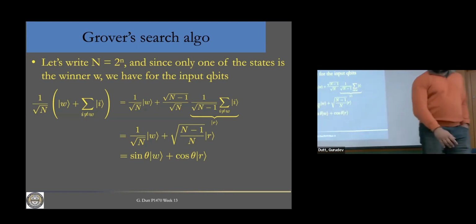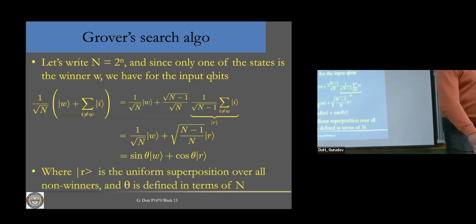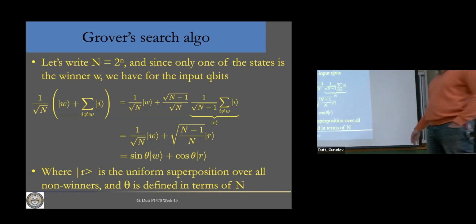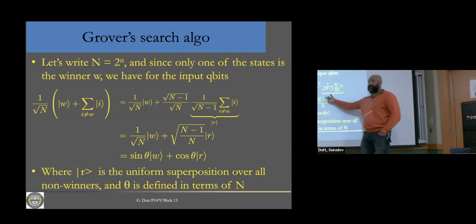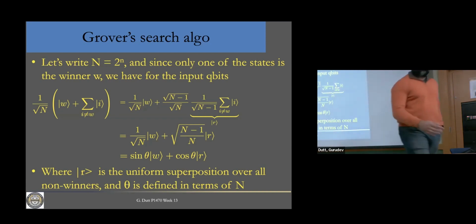Okay, so now this gives us a nice pictorial view. R is a uniform superposition over all non-winners. And theta, as you've seen, is defined in terms of n. So simply sine theta equals 1 over square root of n, cos theta equals square root of n minus 1 over n.